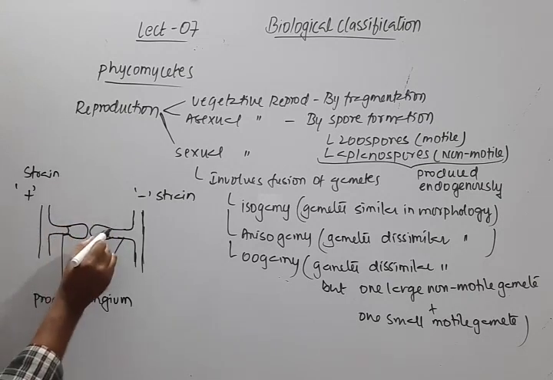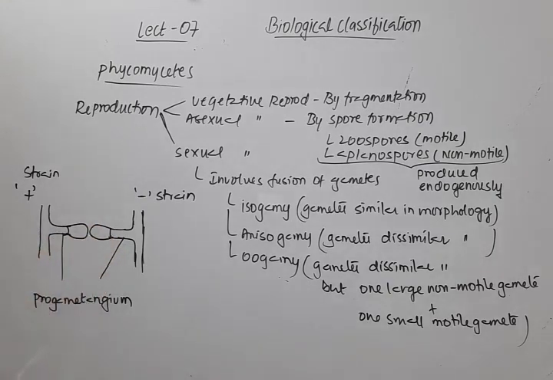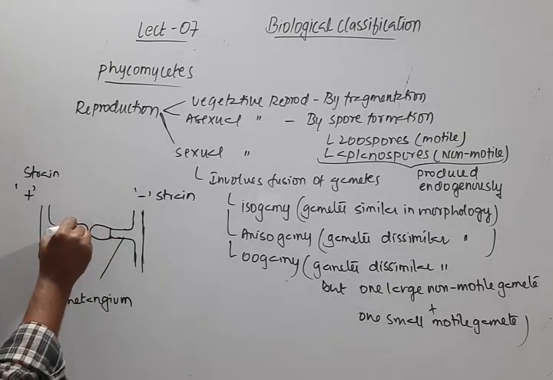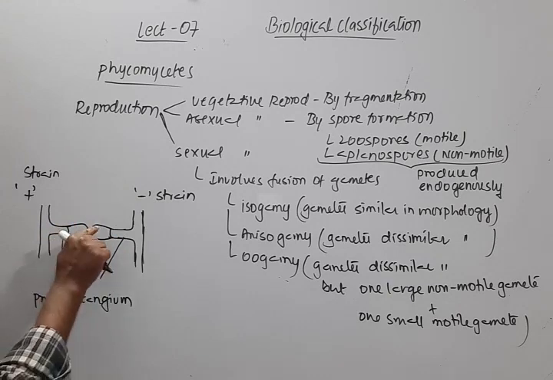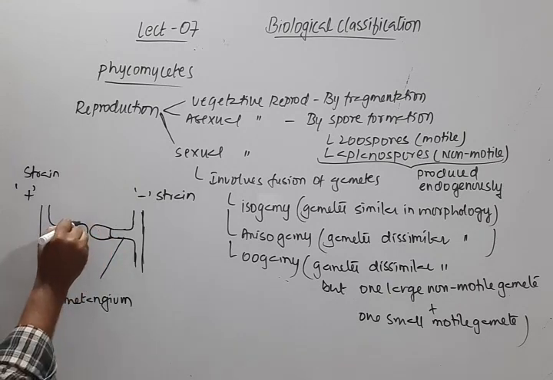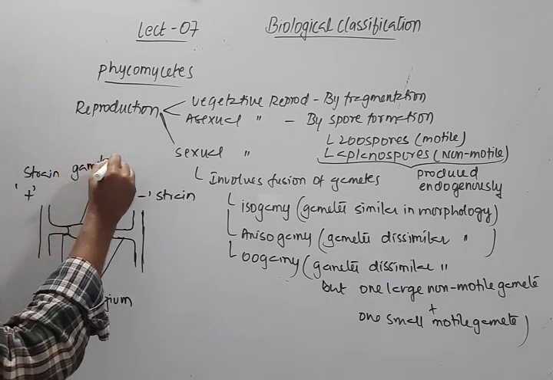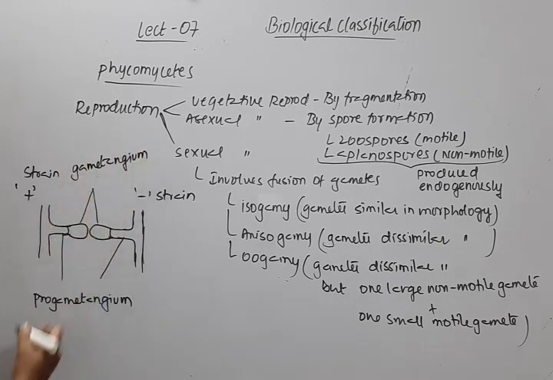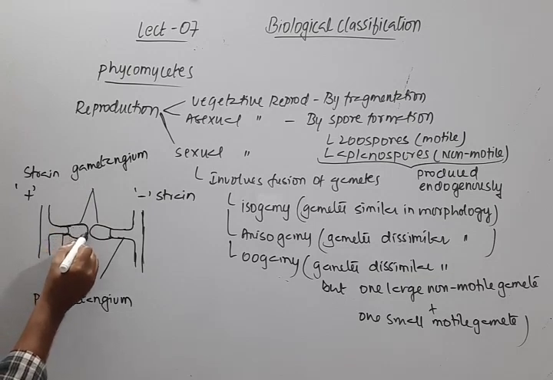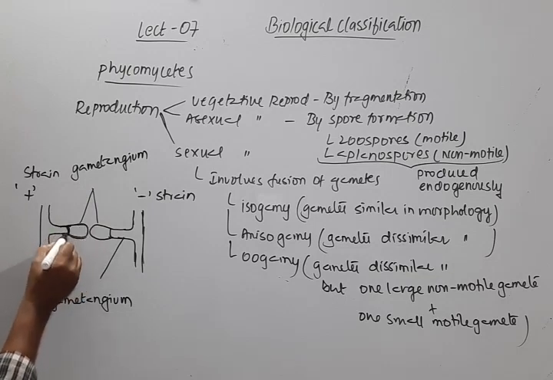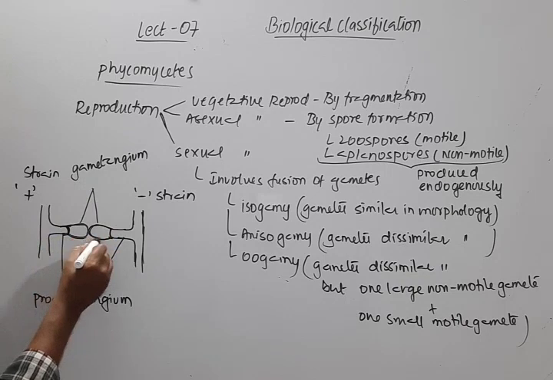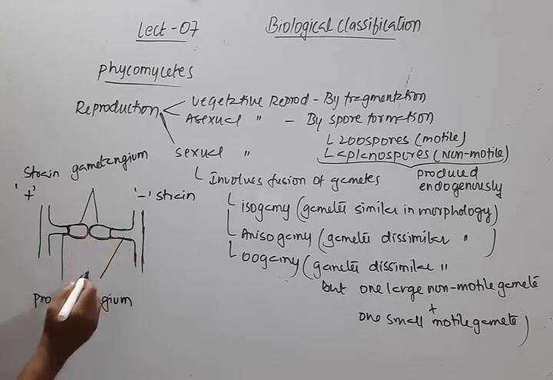Then it gets differentiated, and this structure is called the gametangium. The distal part becomes the gametangium, and the basal one remains as a suspensor cell.